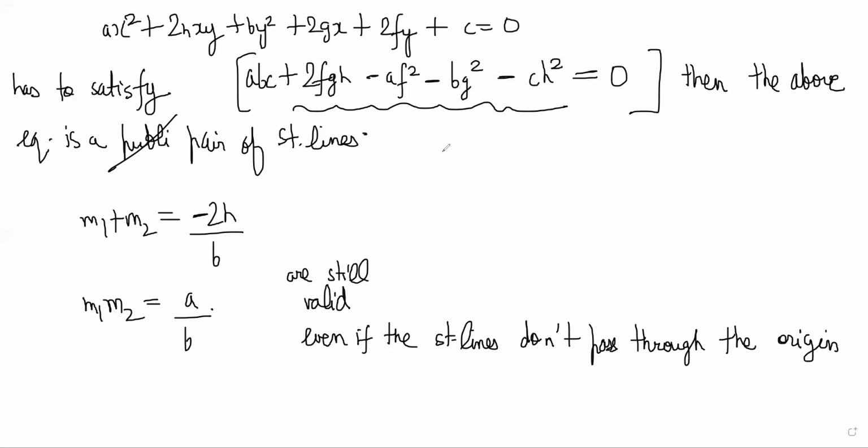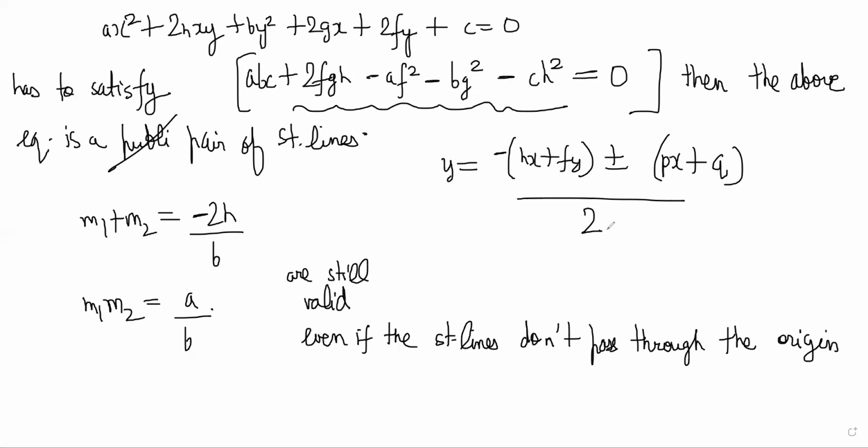Because remember, when we solved it, we got something like this: y is equal to minus b, and the term here would be hx plus f, so minus hx plus fy plus minus px plus q, right?